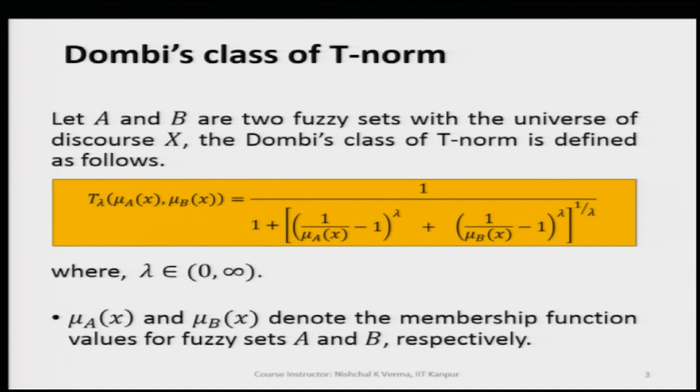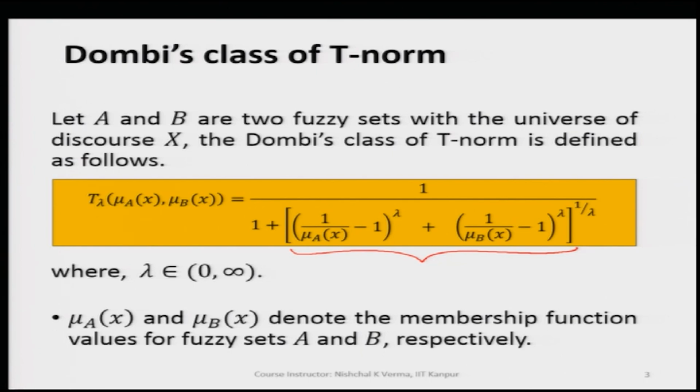T lambda of mu A of x and mu B of x is equal to 1 over 1 plus, the bracket of 1 over mu A of x minus 1 raised to power lambda plus 1 over mu B of x minus 1 raised to power lambda, and then the whole raised to the power 1 over lambda, where lambda is between 0 and infinity. So, the lambda value can take any value between 0 and infinity.